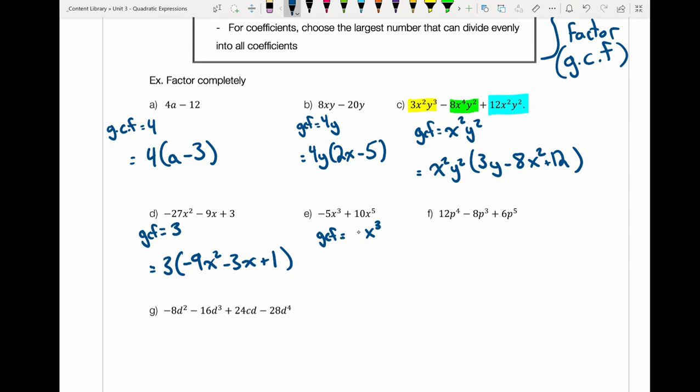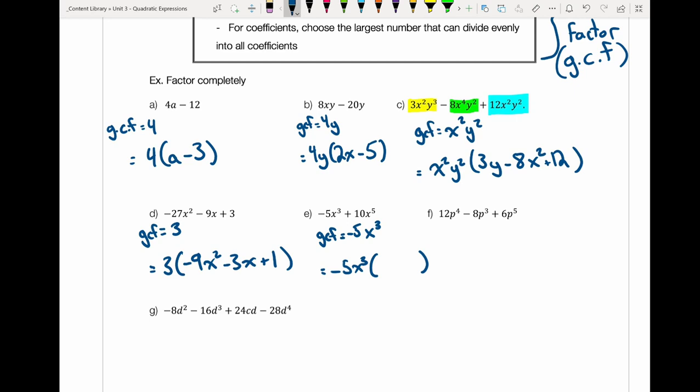So in this case, you may want to do -5 instead of just 5. So in the last one, we may have wanted to do -3 instead as well. So let's do -5x cubed. That's my greatest common factor. And if I look at each of these terms, I need to divide them by -5x cubed.